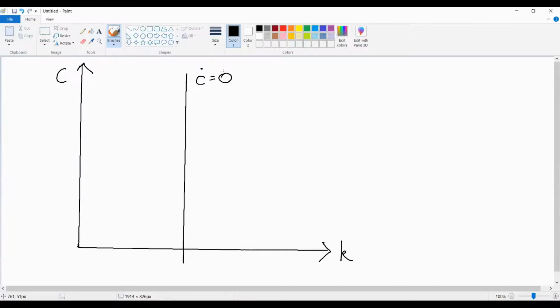And so let's represent it here. Now there is also a locus, a line, that represents all the points where K dot equals 0. To determine those, let's go back to our equations.